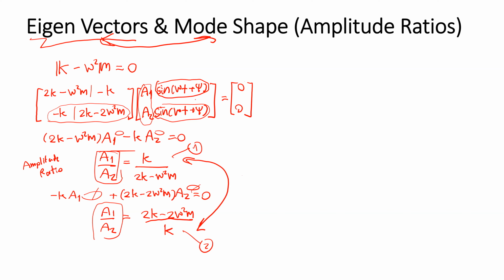Which is the ratio of amplitude 1 per amplitude 2. The amplitude ratio that corresponds to mode 1 is equal to k divided by 2k subtract omega square m, when omega equals the first mode of the natural frequency.